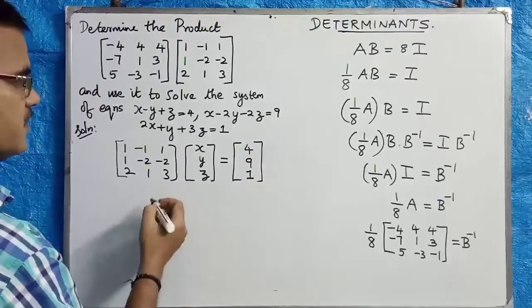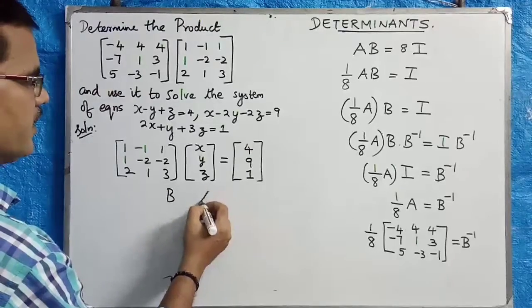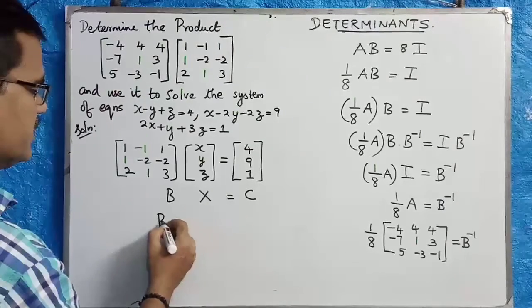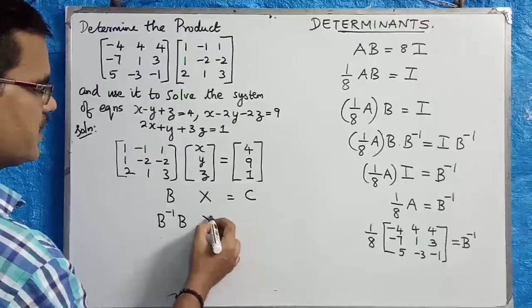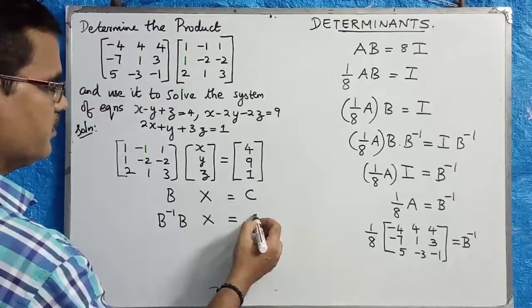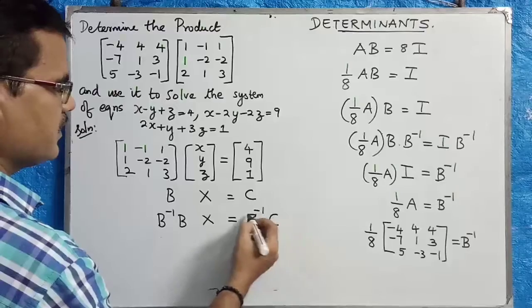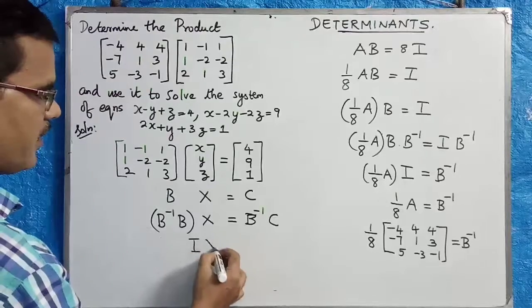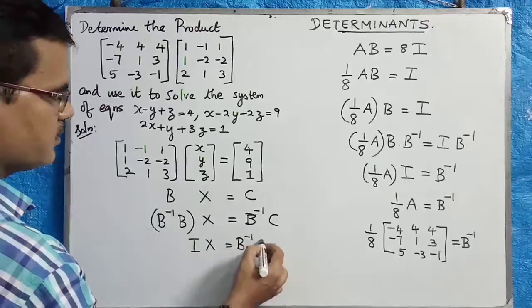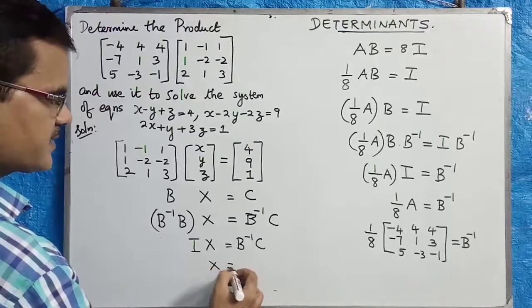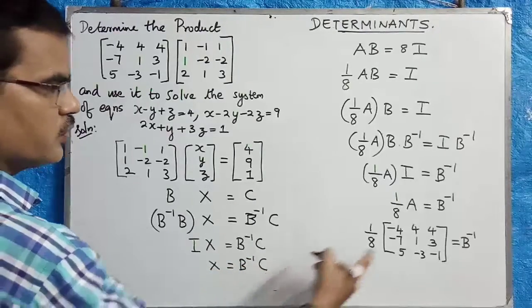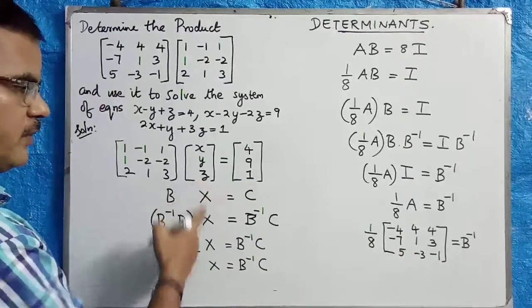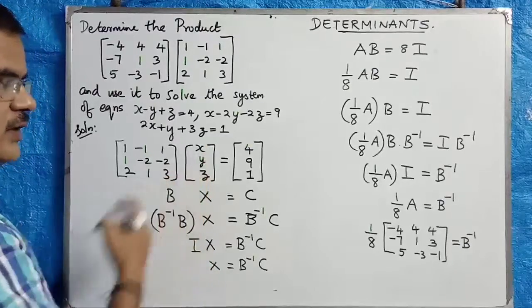We are assigning this as B, so I'll write Bx equals C. Now B inverse B times x equals B inverse into C. Now B inverse B is just I times x equals B inverse into C. Now I times x is x equals B inverse into C. So you have B inverse and you have assigned this as C. So when you multiply, you will get the unknown matrix X. We will be able to find the unknown variables.